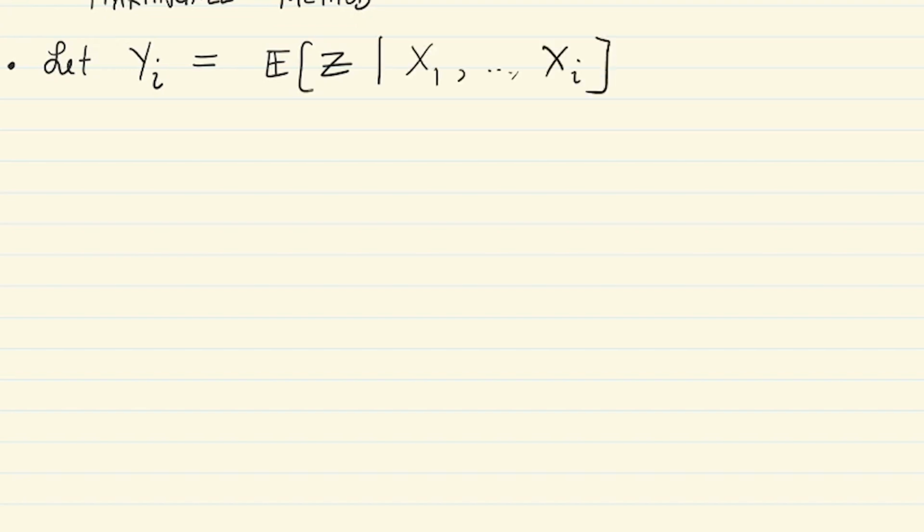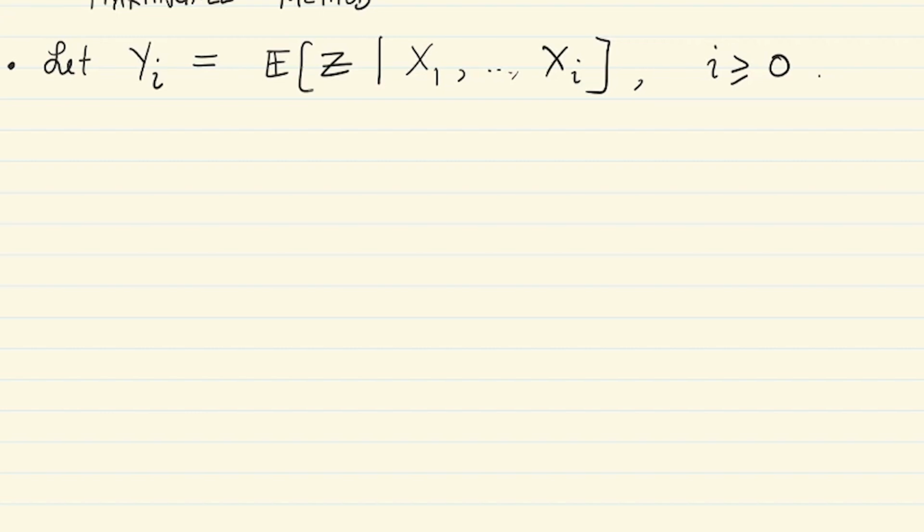So in this case, let's do the following. Take the expected value of Z, which is f of x1 through xn, conditioned on the first i of these x's, for i greater than or equal to 0, and call it Yi.